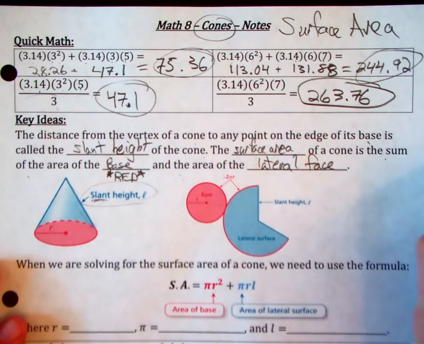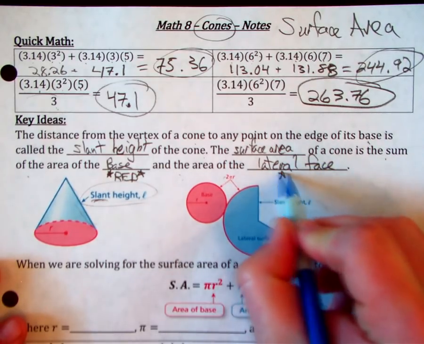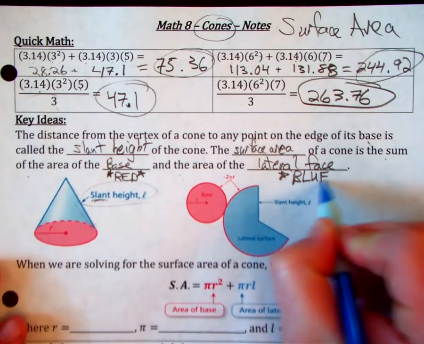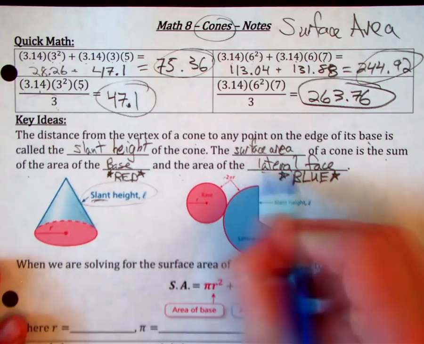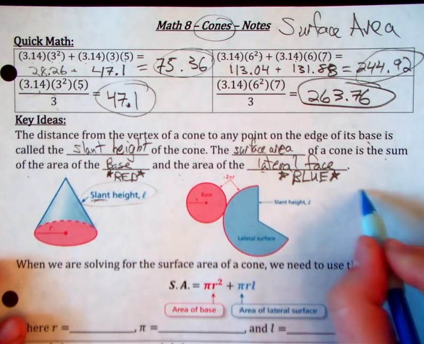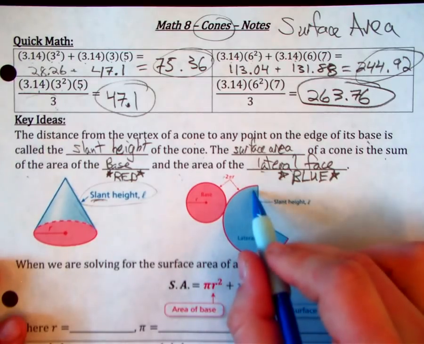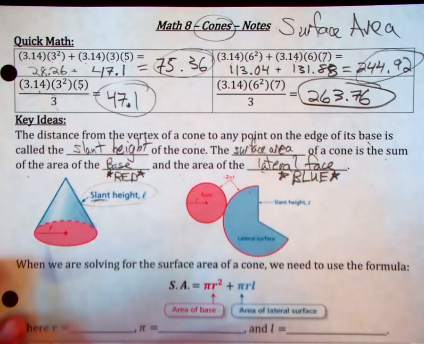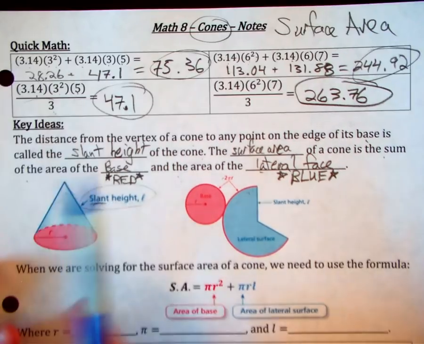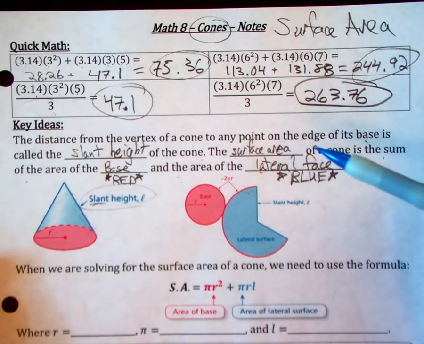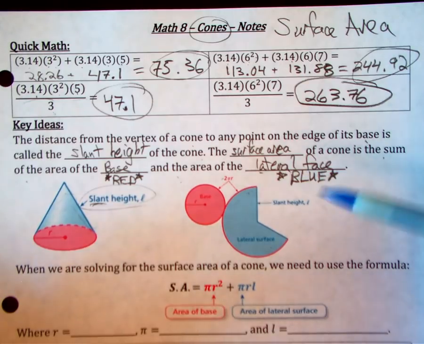And what that's talking about is that area in blue. When you think of the word lateral, it's talking about the amount that goes around it. Okay, and so that's why it's being wrapped around in a circular motion. And so it's talking about all that part in blue around that outside. Okay, and so you find the two areas of each of those, and then you just add them together.